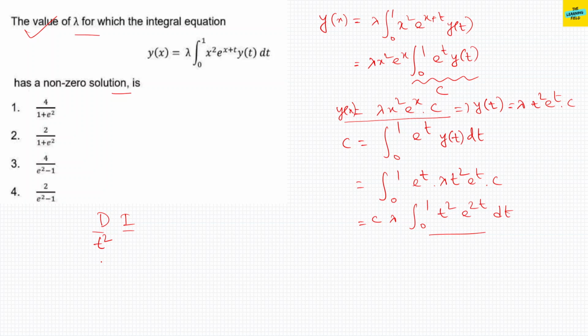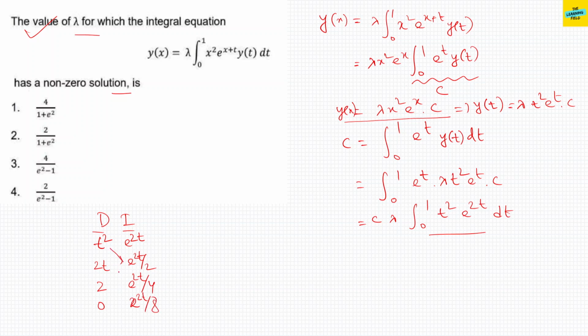So this is t square, then the differentiation is 2t, then 2, then 0, and the integration term is e to the power 2t, then the integration of this, e to the power 2t by 2, then again e to the power 2t by 4, then again e to the power 2t by 8.